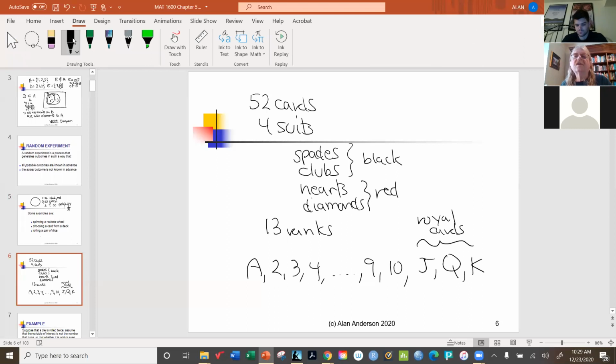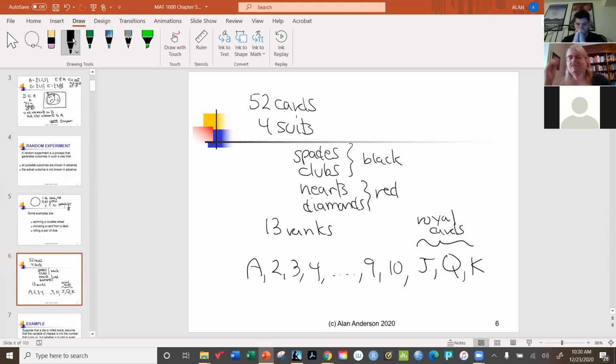In other words, if you run across a question which says, what's the likelihood of reaching into the deck and choosing a heart? Well, that would be 1 out of 4 because there's 4 suits. Or an ace, that would be 1 out of 13 because there's 4 aces out of 52 cards. So that's what the deck looks like.